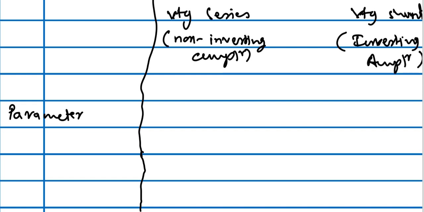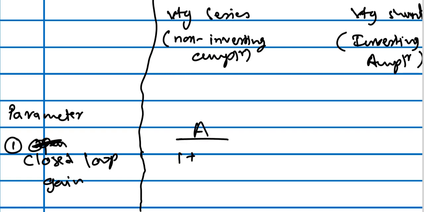Okay, then the first parameter, let us say, is the closed loop gain. So here for voltage series it is A upon 1 plus AB. Here it is minus AK upon 1 plus AB, where K is the attenuation factor, RF upon R1 plus RF.